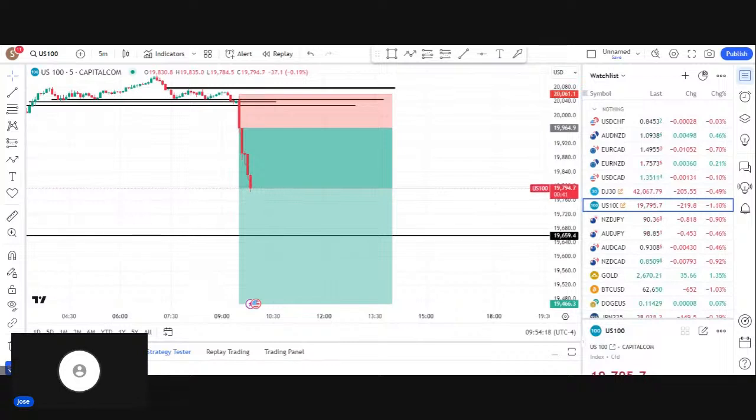These are the type of trades I love. Beautiful ones. So, Asari, what is your risk to reward ratio? What is your target?